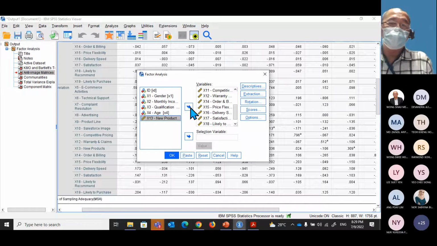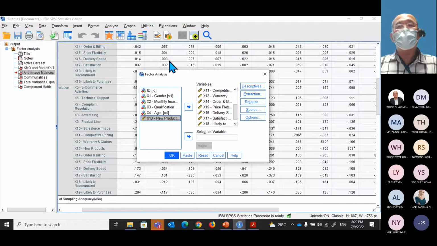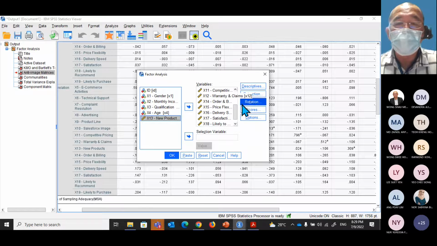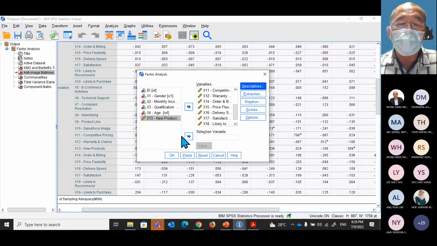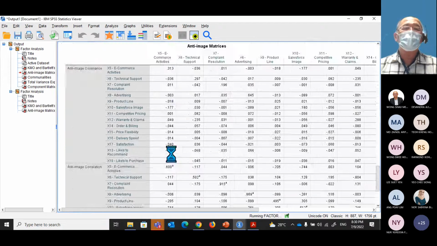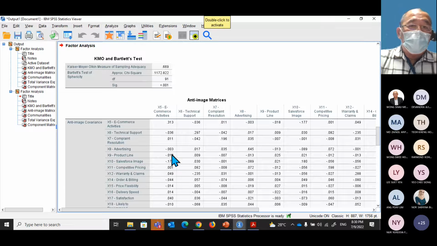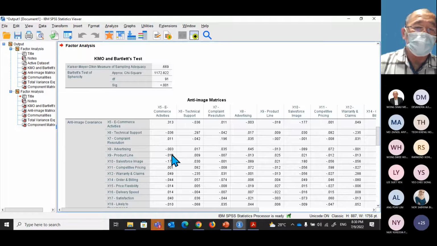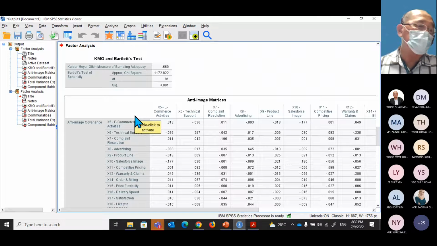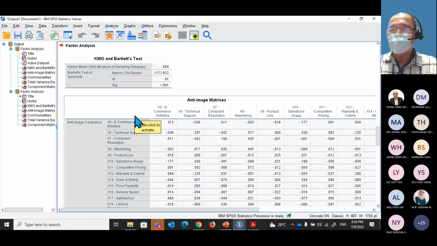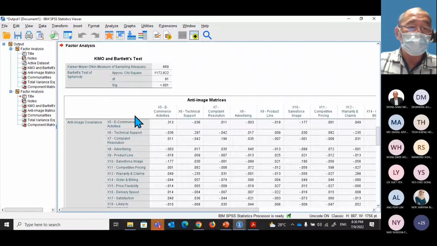Make sure you can still see the anti-image and also the KMO. Yes, still there. Now we continue. I give you 10 seconds, no rush. Make sure you get the same output like this.